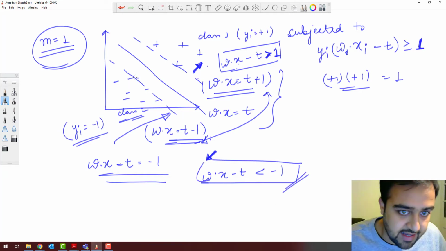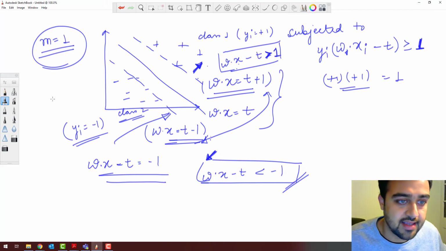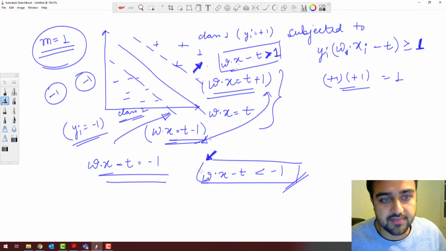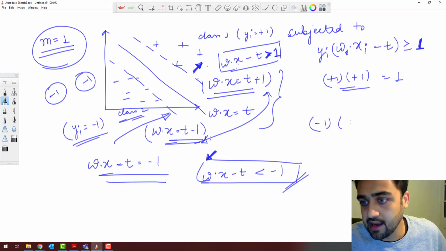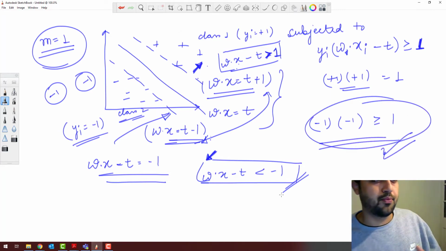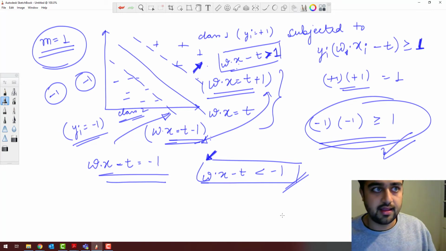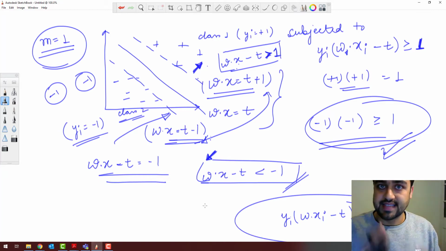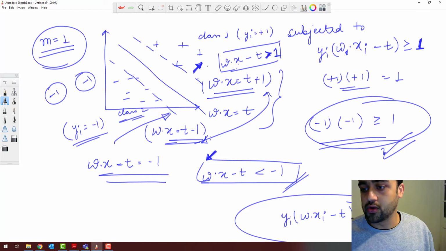So if its label is minus 1 and it is classified as minus 1, then our subjected equation again becomes greater than or equal to 1, right? Therefore, we have succinctly put both the conditions into just one, saying that the equation is subjected to yi times (w dot xi minus t) greater than or equal to 1. For any correctly classified sample, this would hold true.